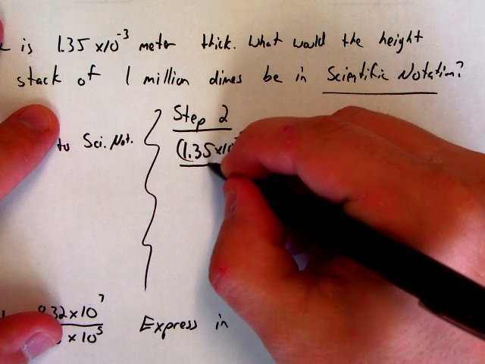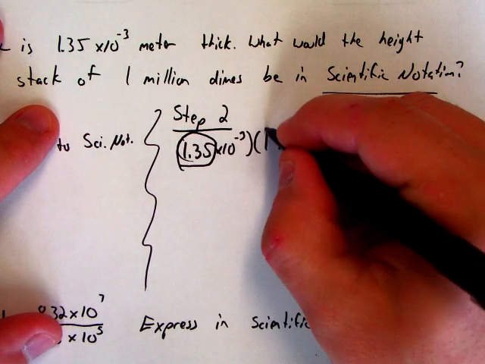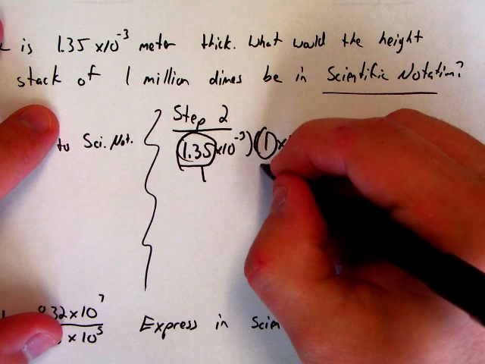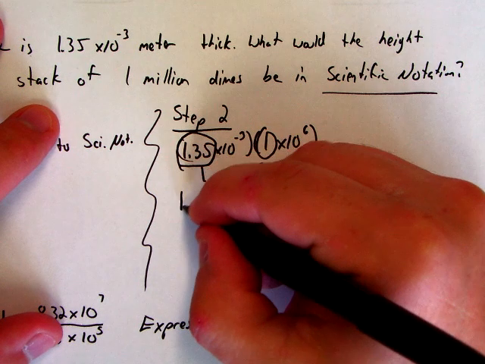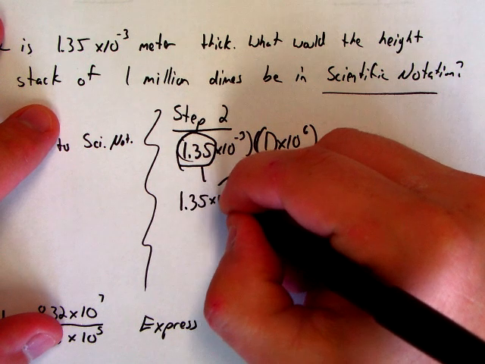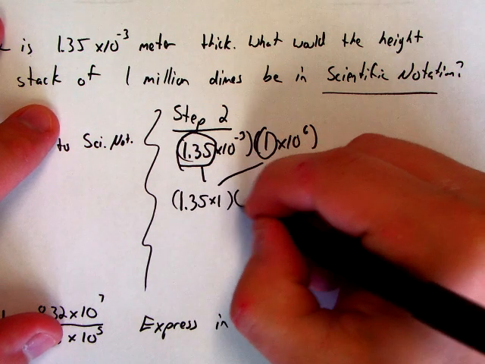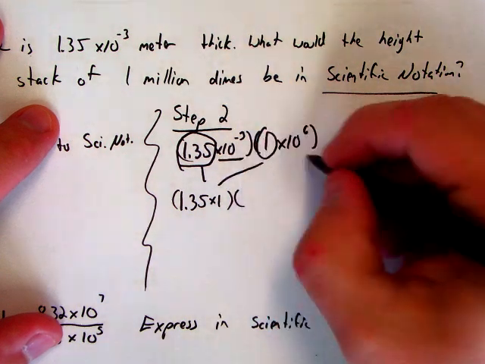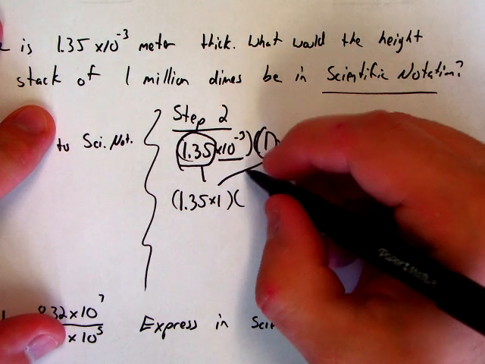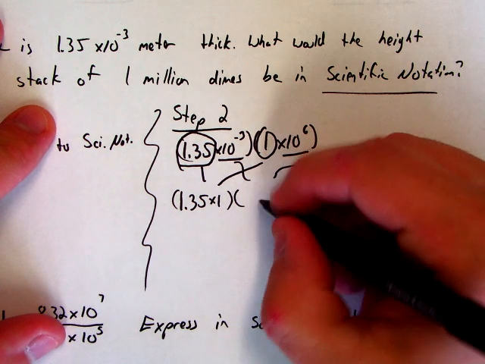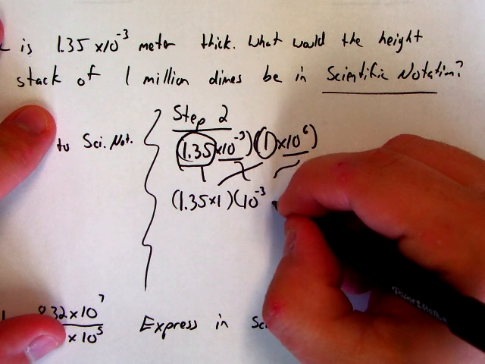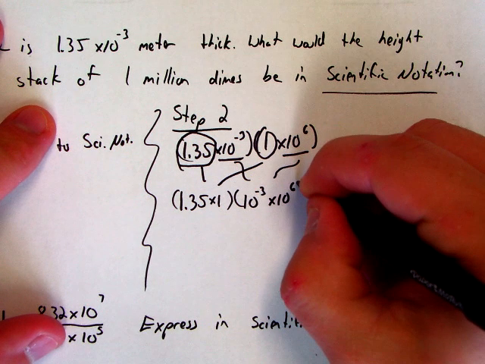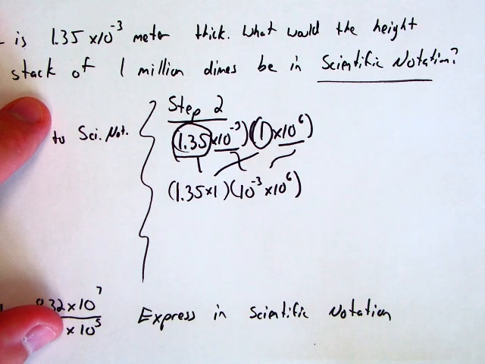So I'm going to take this 1.35 and 1, and I'm going to move them by each other. So I now have 1.35 times 1. And then I'm going to take the 2 powers of 10 and move them by each other. So I have 10 to the negative third times 10 to the 6th.